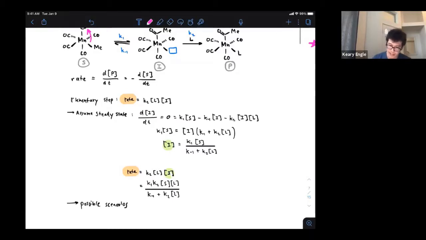We can then plug that in. So the steady state approximation allows us to determine an equation for the intermediate concentration, and we plug that into the rate expression for this step.